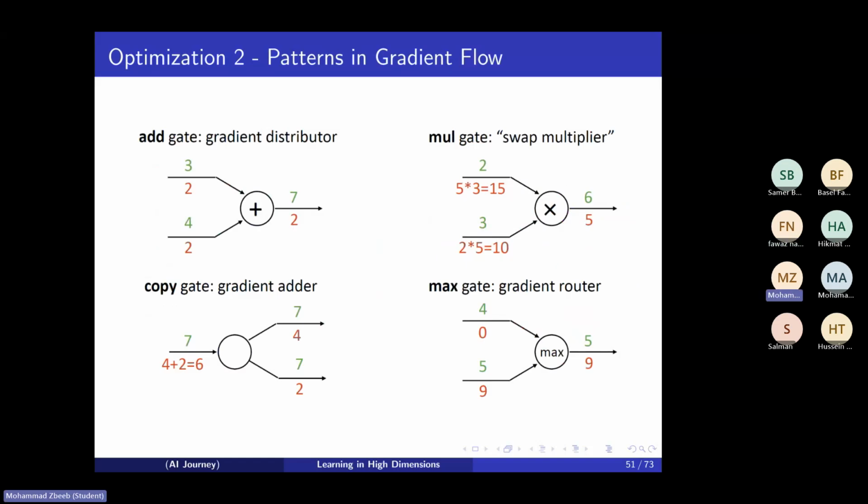The second optimization is some patterns that we need to focus on in backpropagation. Some patterns are the add gate, which we most probably saw. The local gradients in the add gate are 1. So an add gate will distribute the gradient equally to its parameters. This is a very important realization, especially in papers or in architectures that introduce skip connections or residuals.